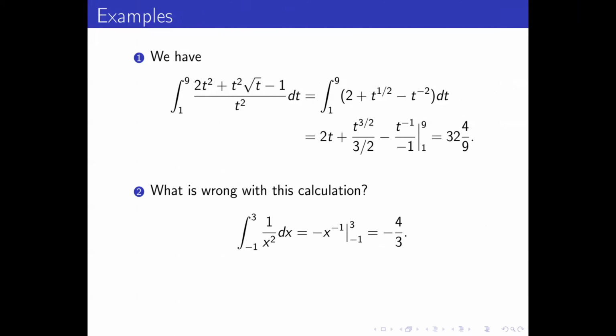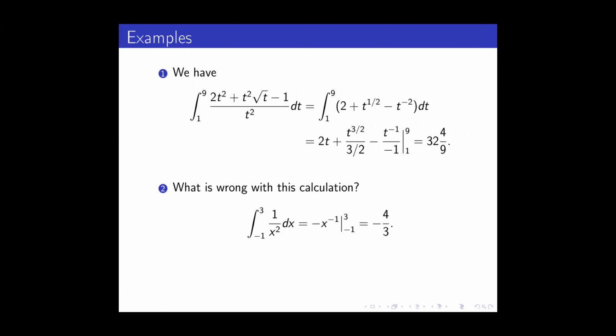Okay. So here's a trick question. What is wrong with this calculation? You know that the antiderivative of x to the minus 2 is minus x to the minus 1, right? You differentiate this and you get x to the minus 2.